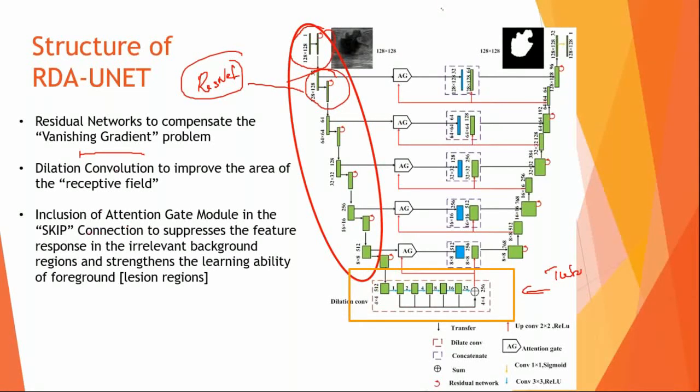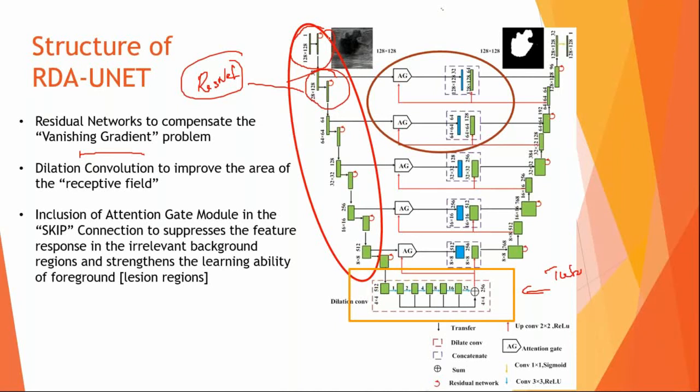Then we went into the other one, which is this part. We didn't just take the features from the encoder and concatenate them to the decoder. We went into natural language processing, NLP, and took up some concepts like attention gate, and we placed these attention gate models in that skip connection.